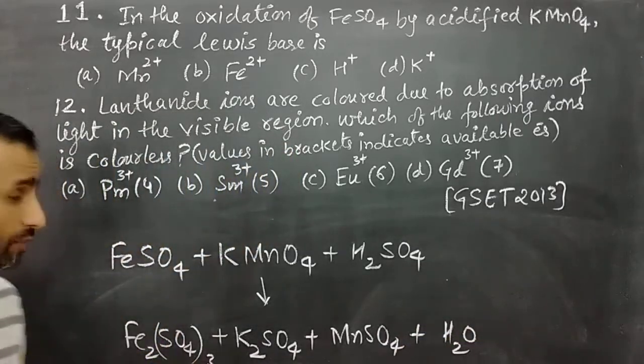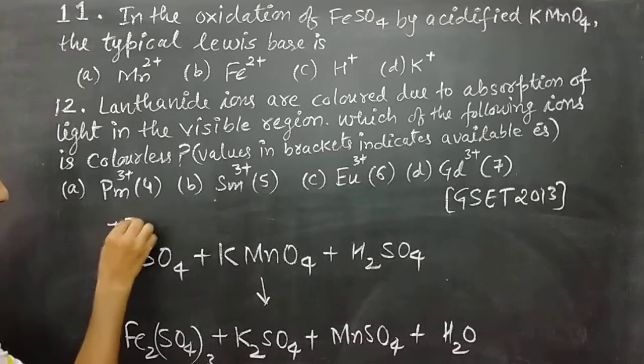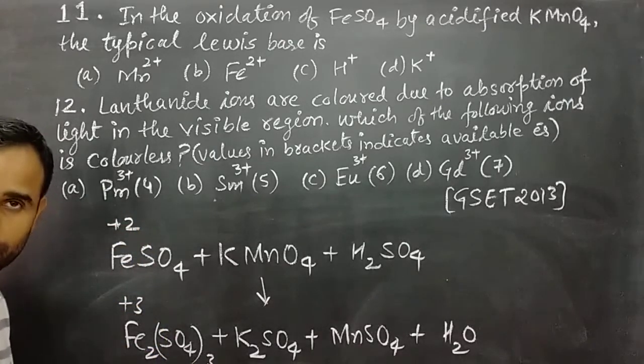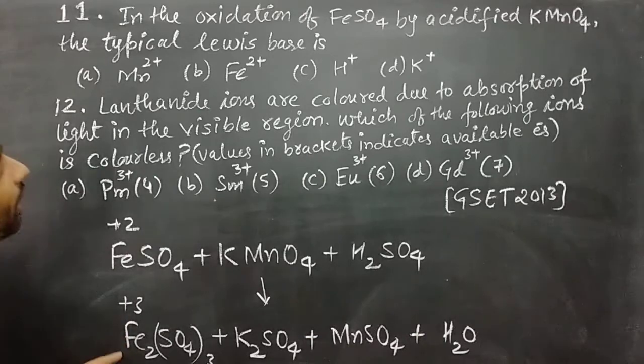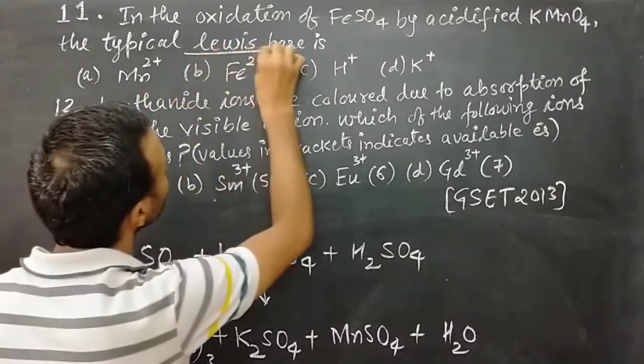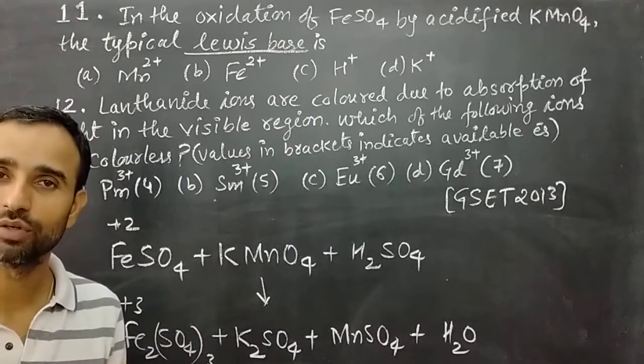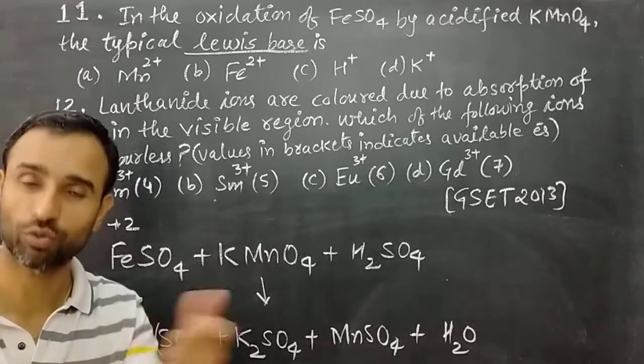So what it means, ferrous Fe2+ changes into Fe3+, that means oxidation takes place. And what is a Lewis base? Lewis base means which can lose electrons.